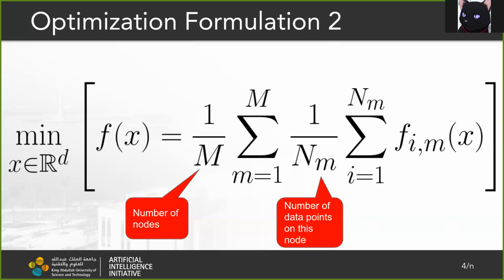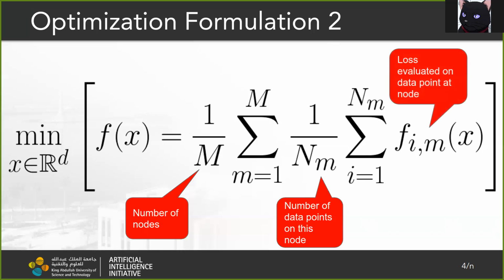And on each data point, we have the loss f_{i,m} that is associated with it. So we want to find the model x that minimizes this average or finite sum problem. And we can only assume that we have access to f_{i,m} and its gradients at a certain point.